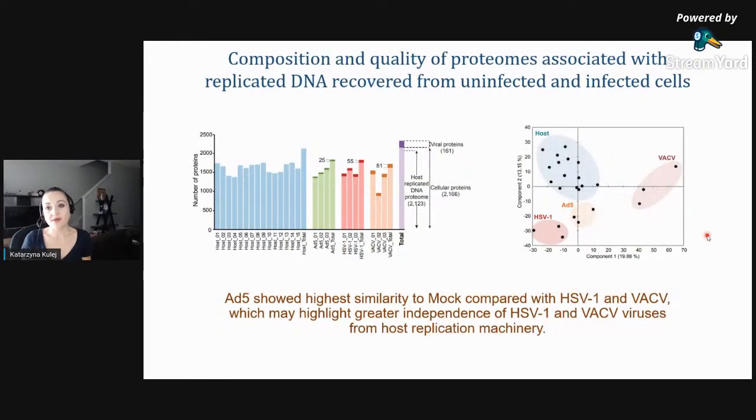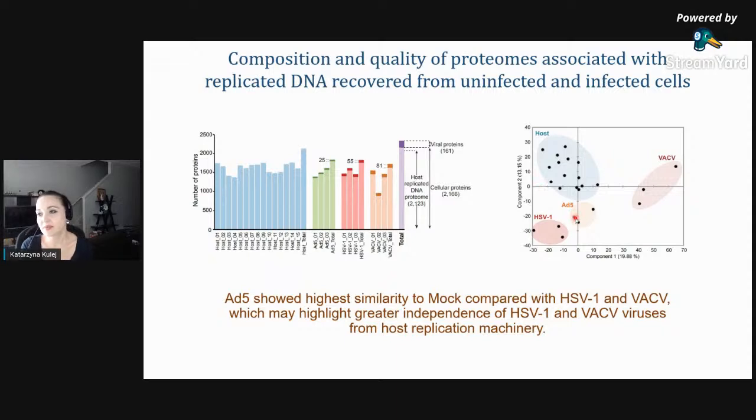So overall, in our approach, we identified nearly 2,000 proteins across our non-infected and infected cells. And we could also track what viral proteins are involved in the replication of the viral DNA. On my right side, you can see a PCA plot, and each black dot represents a replica for a certain condition.